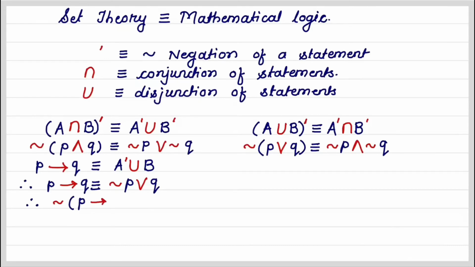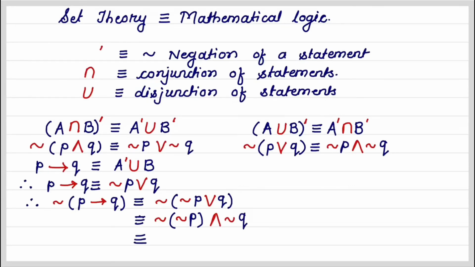Negation of RHS: RHS is negation of P or Q. Now we apply the rule for negation of disjunction. So we get negation of first statement and negation of second statement, that means negation of negation of P, and negation of Q. But negation of negation of P is equivalent to P itself. So it becomes P and negation of Q, which is the formula for negation of P implies Q. Derive the formula for negation of P double implies Q and write to me in the comment box.